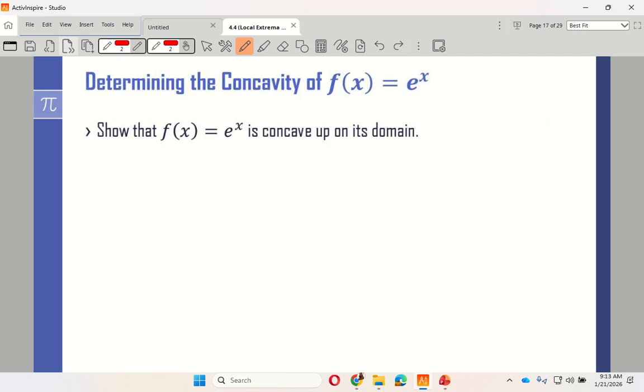Show that this is concave up on its domain. So, first thing I'm going to do is go from f prime of x, which is going to be e to the x.